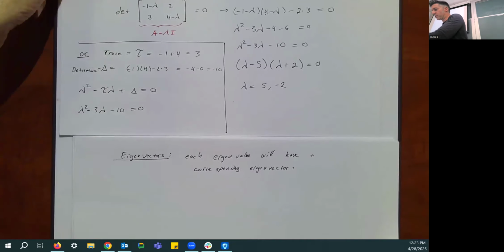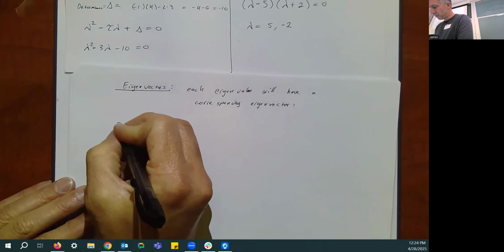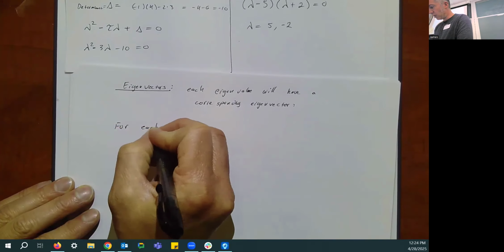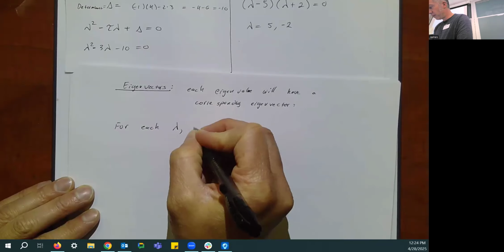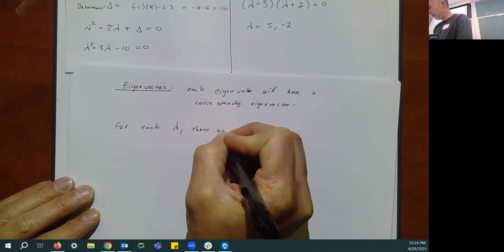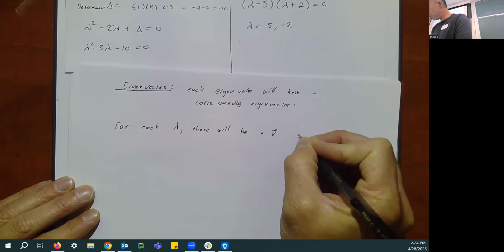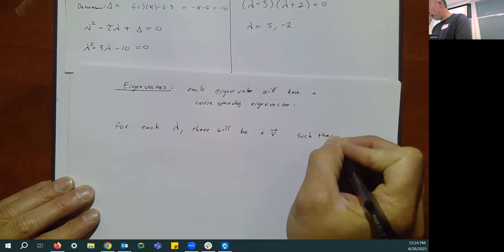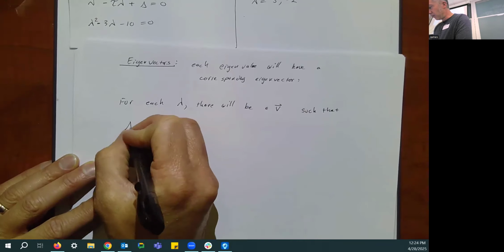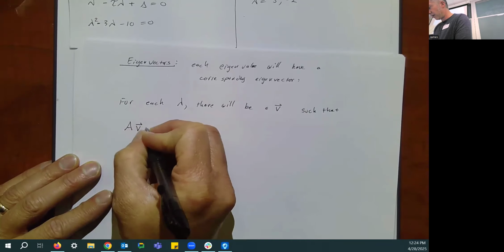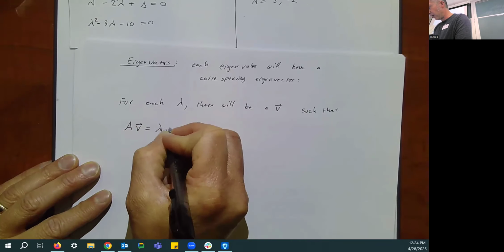Or in other words, for each lambda, there will be a vector v such that, and this is what's special about eigenvectors, the matrix A times the eigenvector is equal to lambda times the eigenvector.